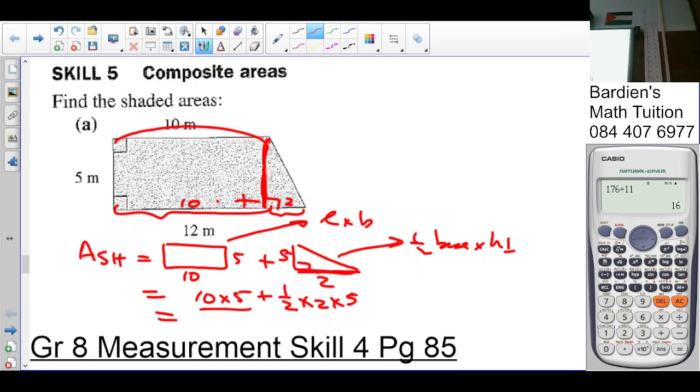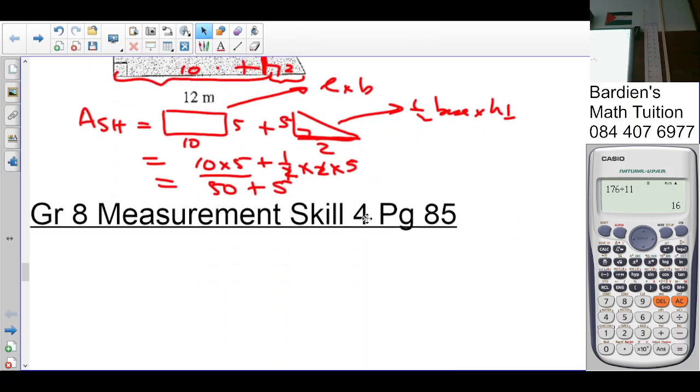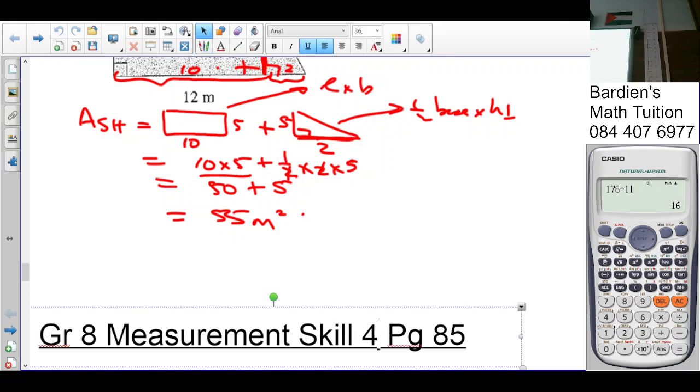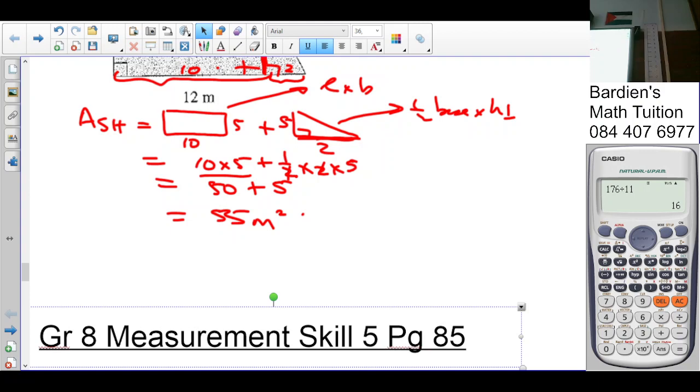The half and the 2 cancel, leaving 5. What's 50 plus 5? 55 meters squared. Any confusion there? This is skill 5. Okay.